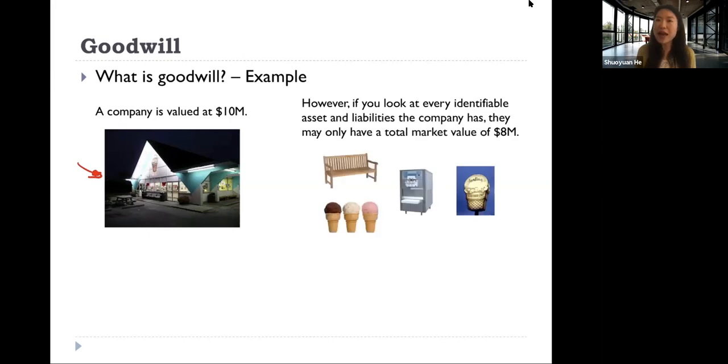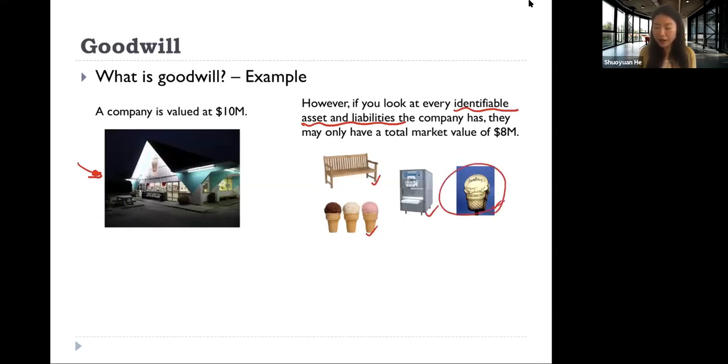However, if you go into the shop, you try to identify everything you can identify. So you look at every identifiable asset and liability the firm has. For example, it may have some chairs, ice cream which hasn't sold yet, an ice cream machine.